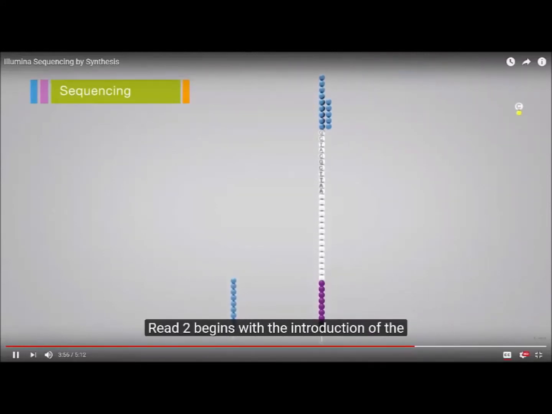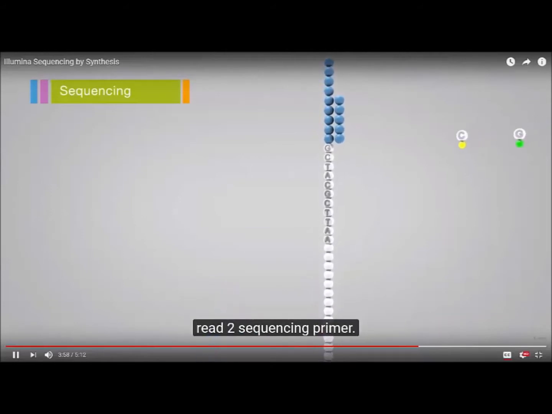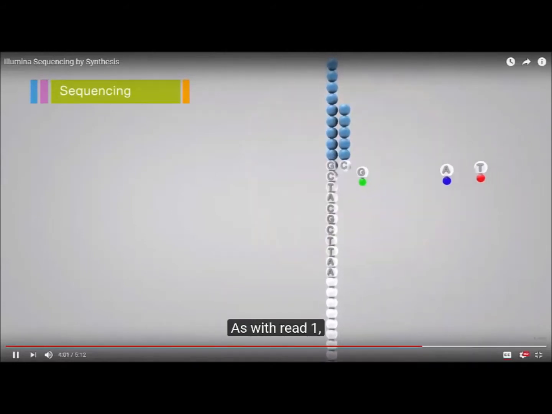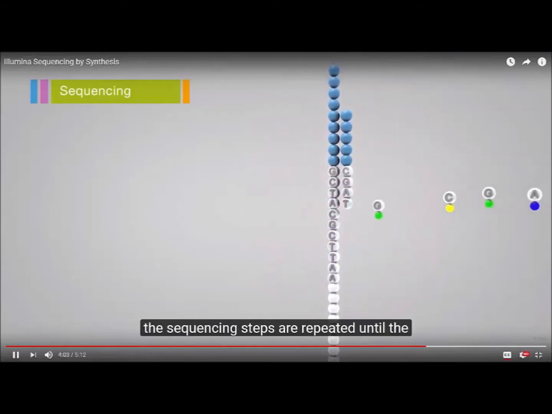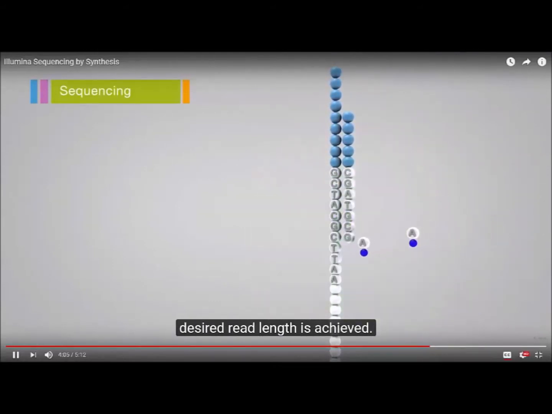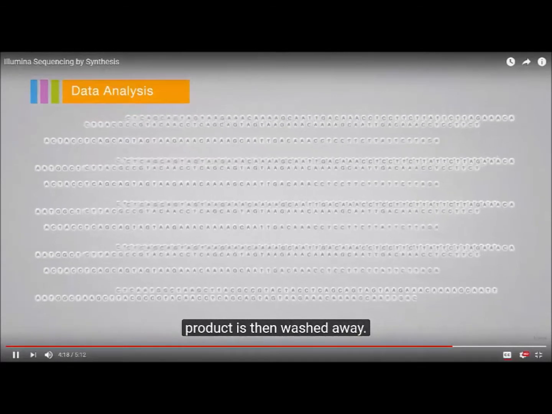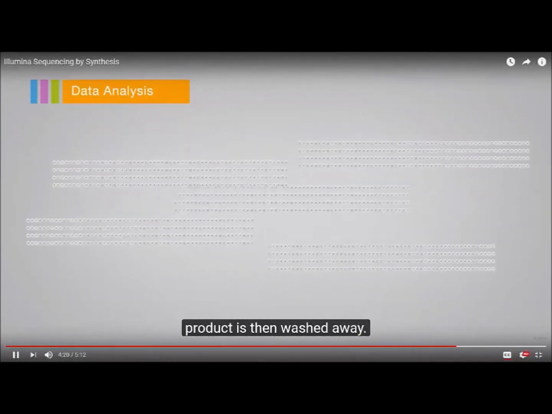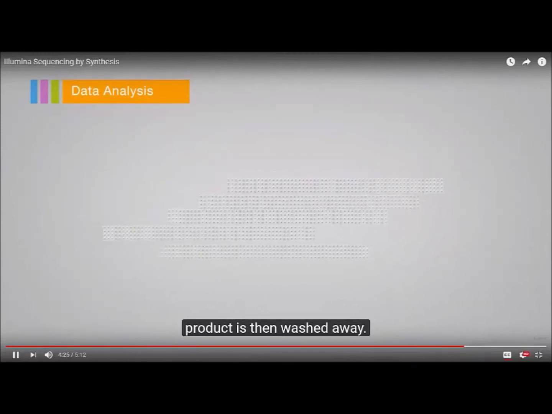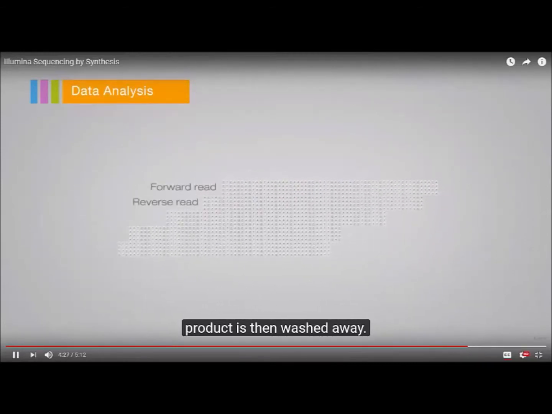Read 2 begins with the introduction of the Read 2 sequencing primer. As with Read 1, the sequencing steps are repeated until the desired read length is achieved. The Read 2 product is then washed away. This entire process generates millions of reads, representing all the fragments. Sequences from pooled sample libraries are separated based on the unique indices introduced during the sample preparation. For each sample, reads with similar stretches of base calls are locally clustered.